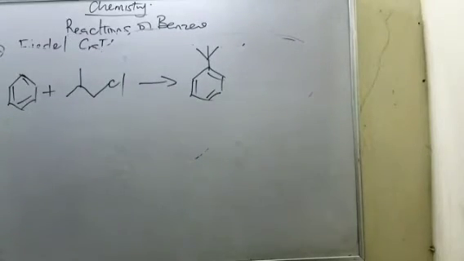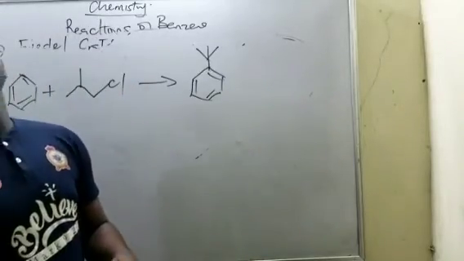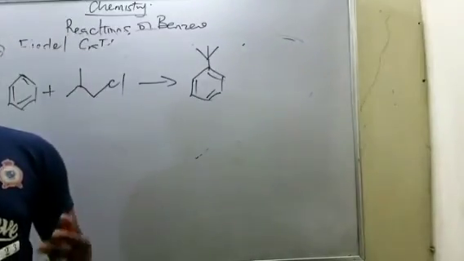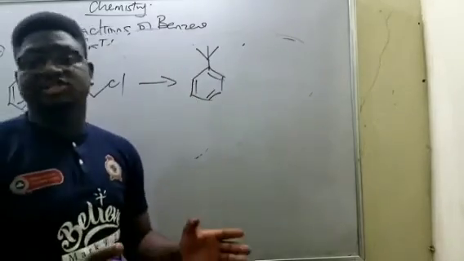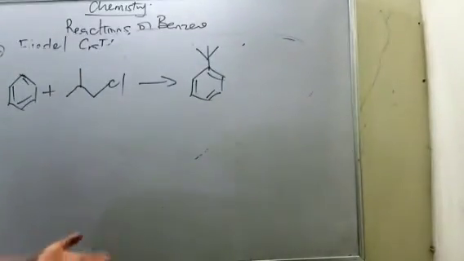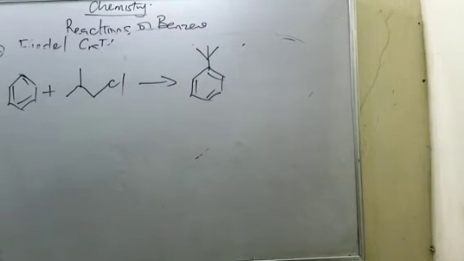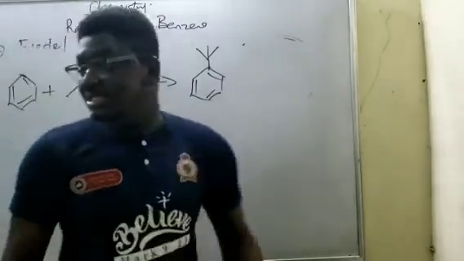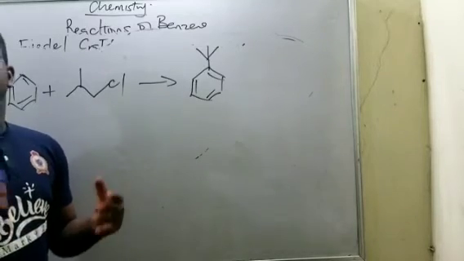Because the carbocation tends to be more stabilized at a tertiary position rather than at a secondary position, it tends to rearrange itself, so you end up having a product that you may not desire. Another thing that happens is that aryl halide and vinyl halide cannot participate in this because of the difficulty in giving a carbocation.